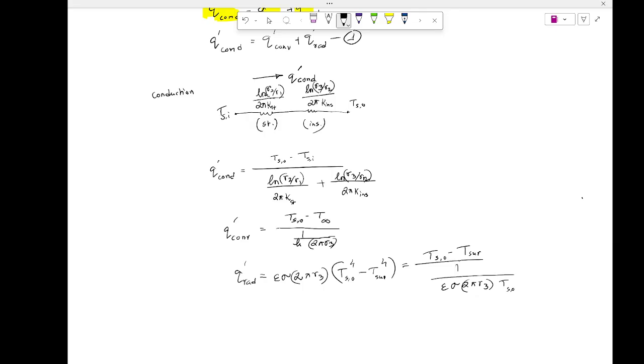I understand the radiation. I said I'm not going to write it, but let me put it, and you're going to see how difficult it's going to look. So T surrounding squared, TSO plus T surrounding. You see, and that is actually your homework.